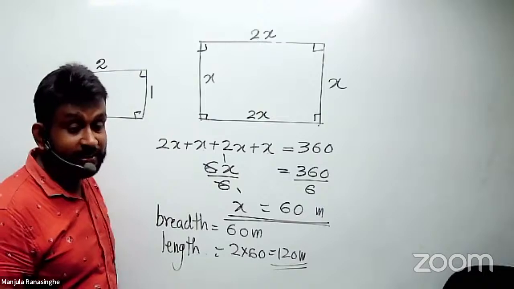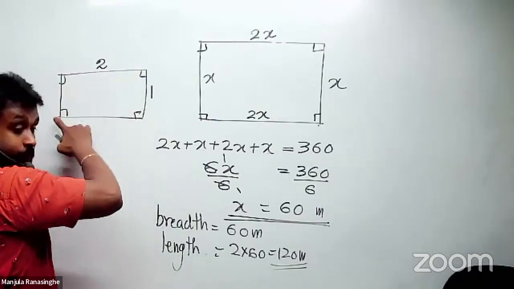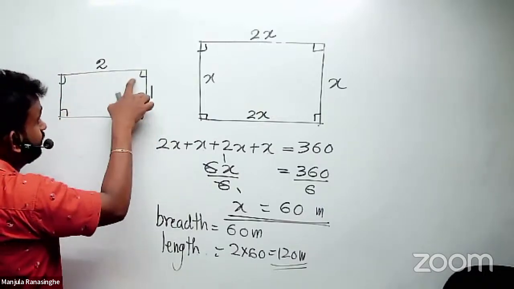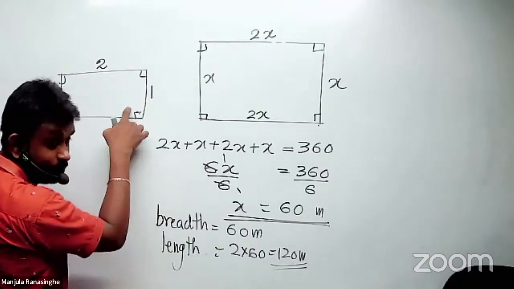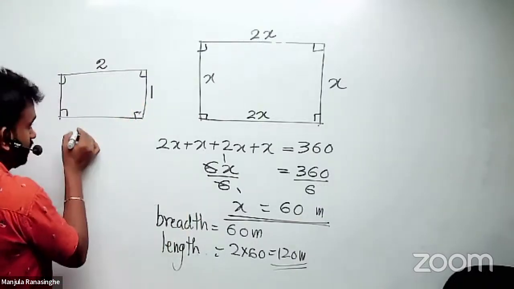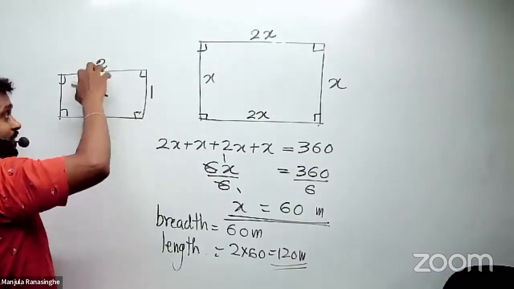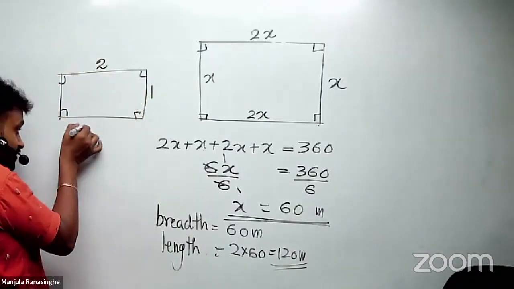Now you can find the perimeter. Length and breadth, what is the sum? 2 plus 1, that is 3. Perimeter means 2 such parts, so 6 parts.